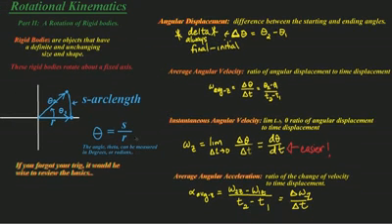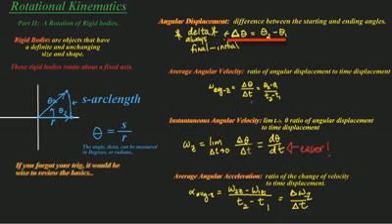All right? So the most basic thing that can be asked from you, if we were looking at some rigid point, whatever it is, let's just say it's a spherical point that goes from here to here, and we want to know what the angular displacement of that rigid body is. Well, angular displacement, anytime it's delta theta, delta anything is final minus initial, so you would take theta 2 minus theta 1.